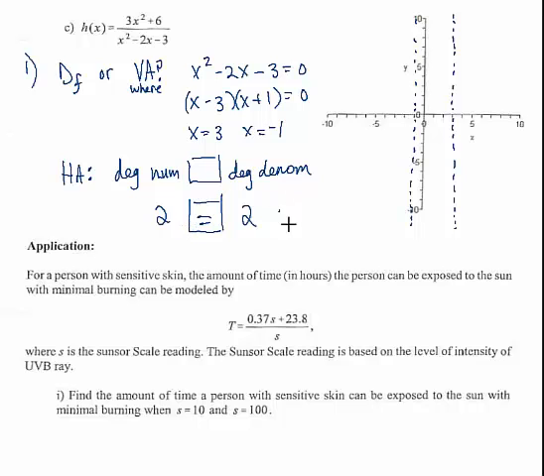So where is the horizontal asymptote located on the y-axis? Well, it would be y equals the lead coefficient of the numerator divided by the lead coefficient of the denominator.